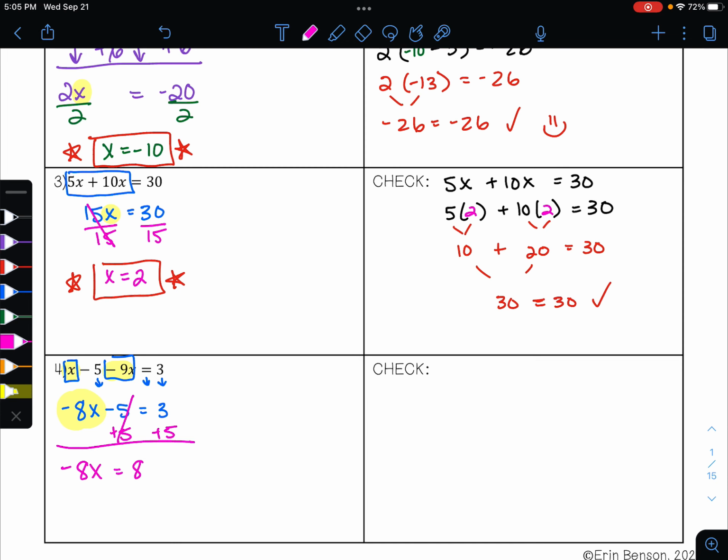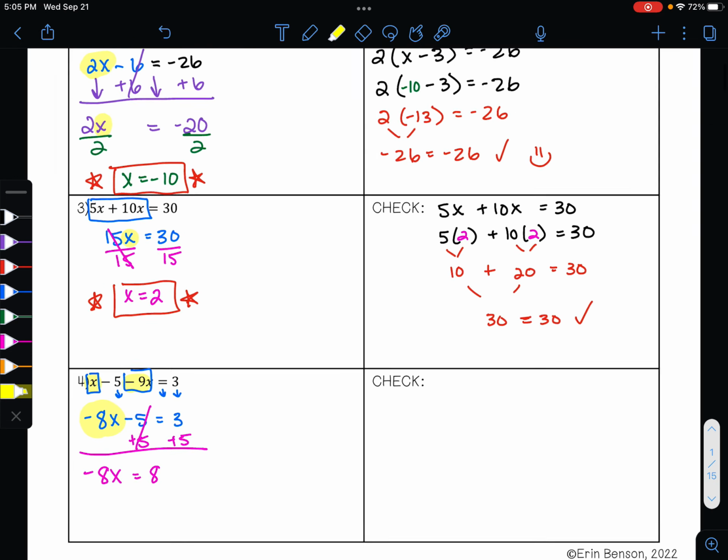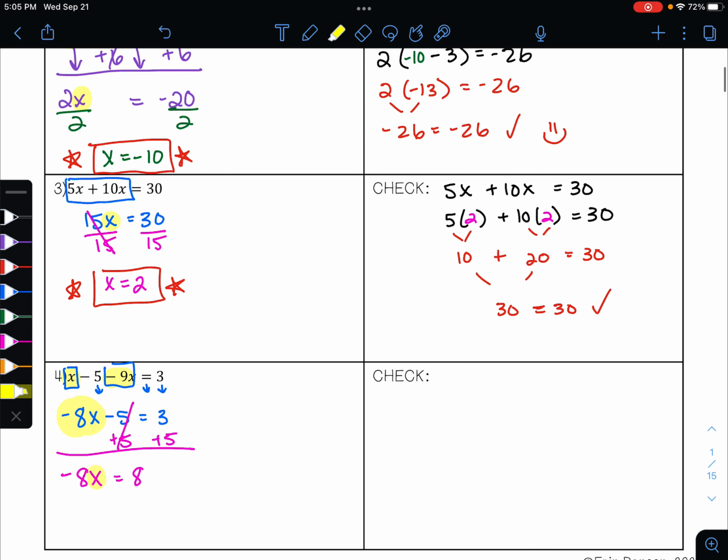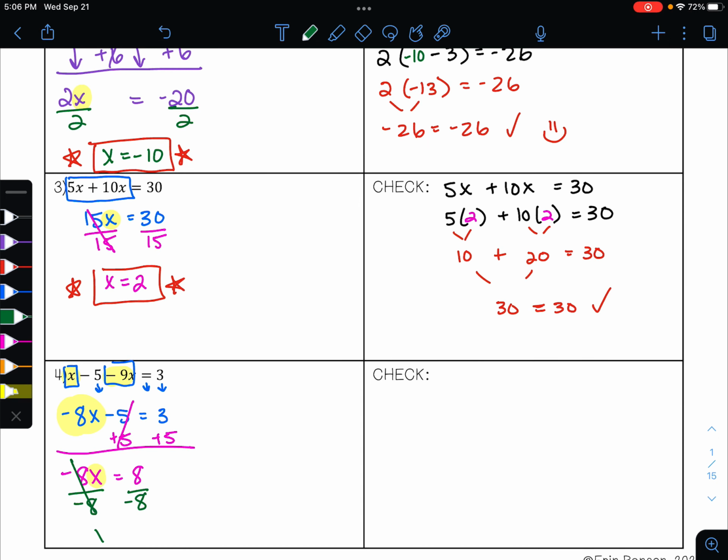I want to get x by itself. X is being multiplied by negative 8. To undo multiplication, I'm going to do division. Negative 8 divided by negative 8 is positive 1 because a negative divided by a negative is a positive. 1x is the same thing as x. Positive 8 divided by negative 8 is negative 1 because a positive divided by a negative is a negative.